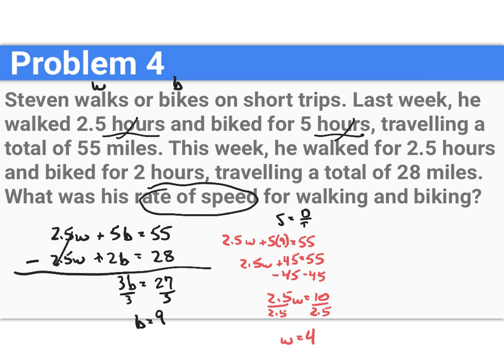Okay. Now we got to make sure we get the same thing on the second one. Subtract 18 equals 10. Divide by 2.5 again. And we can see that walking is 4. Okay, so now biking is 9, walking is 4.